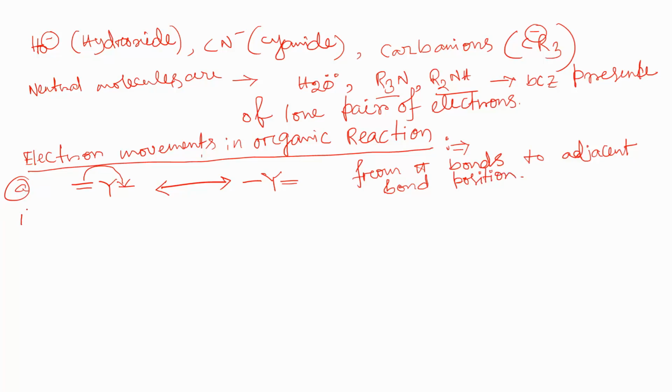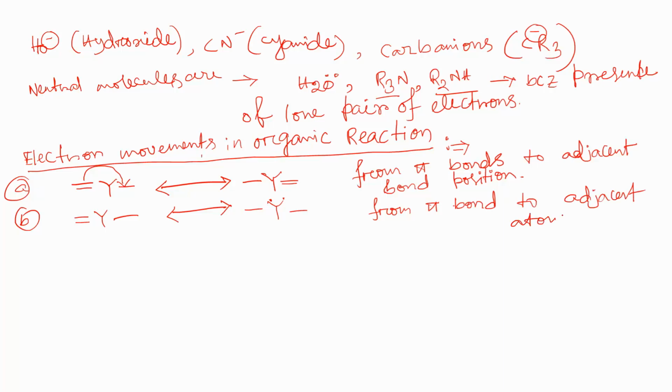Now what about the second case? Here we have a pi bond and a single bond, and the movement is from the pi bond to an adjacent atom, generating radicals. In the previous case the pi bond moved to another single, sigma bond position, but here it goes from the pi bond to an atom. That is why it is from a pi bond to an adjacent atom.